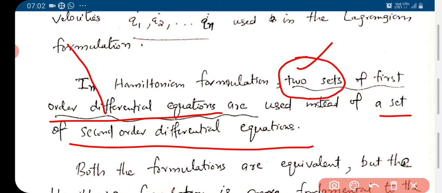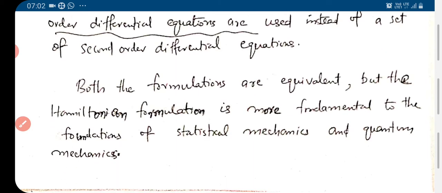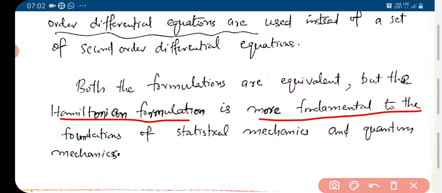So both these formulations are equivalent, but the Hamiltonian formulation is more fundamental to the foundations of statistical mechanics and quantum mechanics.